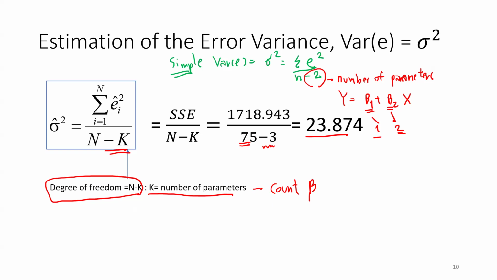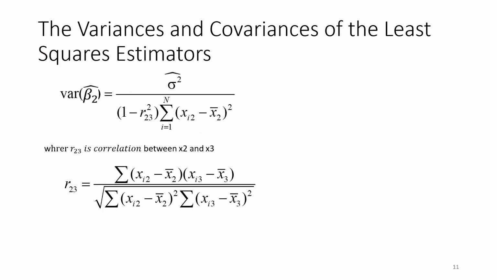After you calculate the variance of error, you use that variance of error to calculate the variance of beta. I will show you from the simple case, the variance of beta equals this one over this one.